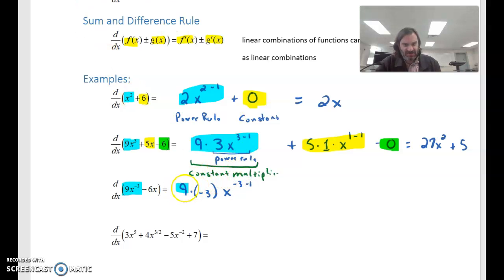So we got a power rule and a constant multiplier rule there, and just because it's negative doesn't mean anything different as far as the exponent. We're still decreasing it by 1. And then the negative 6x, the negative 6 stays there as a coefficient. It's x to the first, so the 1 comes out front, and it'll be x to the 1 minus 1.